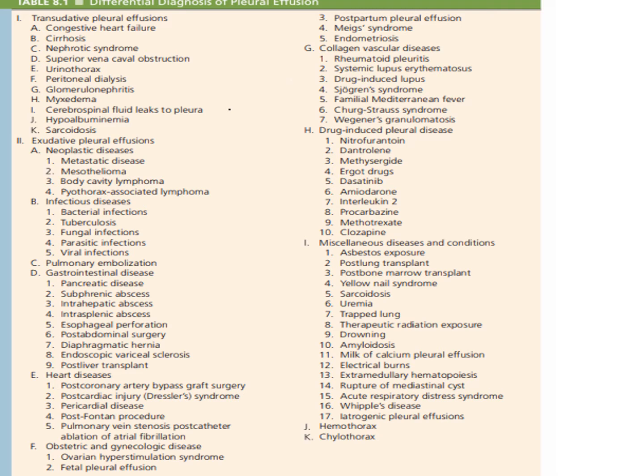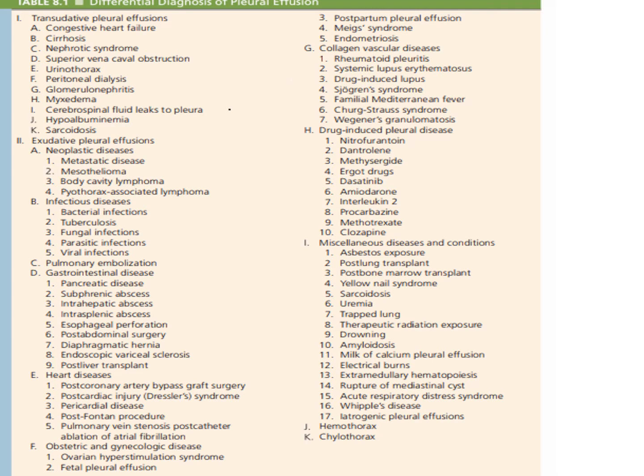The exudative pleural effusions have a very extensive list that can be seen in cases of various neoplasia, various infections like bacterial infection, tuberculosis, fungal, parasitic, pulmonary embolization, few GIT diseases like subphrenic abscess, pancreatic abscess, pancreatitis, or esophageal perforation, few cardiac diseases like post CABG surgery or post cardiac injury, which is called Dressler syndrome, few gynec causes like Meigs syndrome, ovarian hyperstimulation syndrome, endometriosis, few rheumatic causes like rheumatoid pleuritis, SLE, drug-induced lupus, Sjogren's syndrome, Churg-Strauss syndrome.